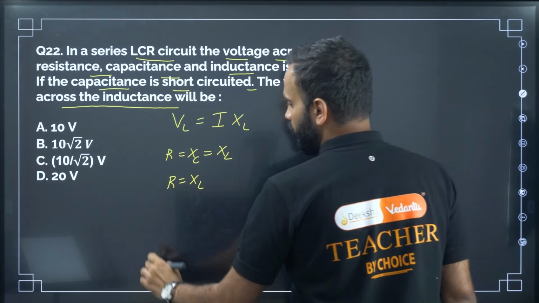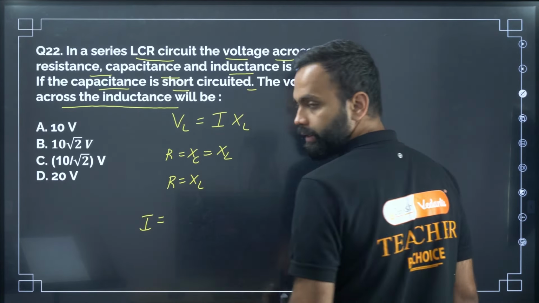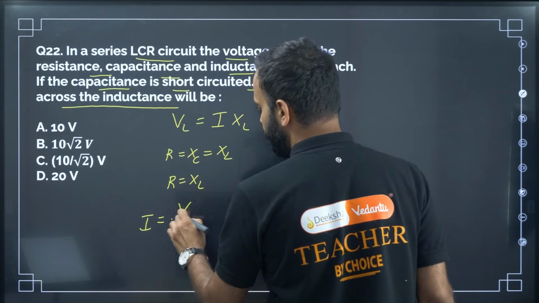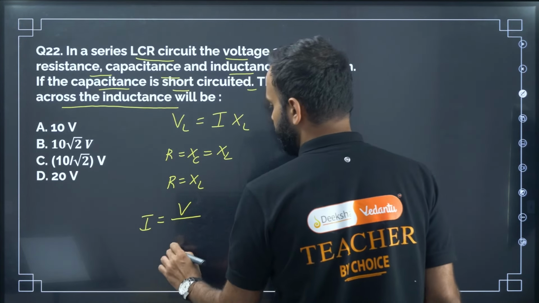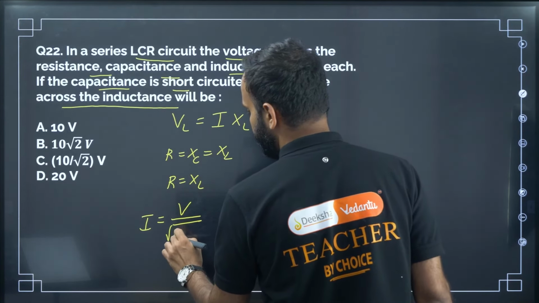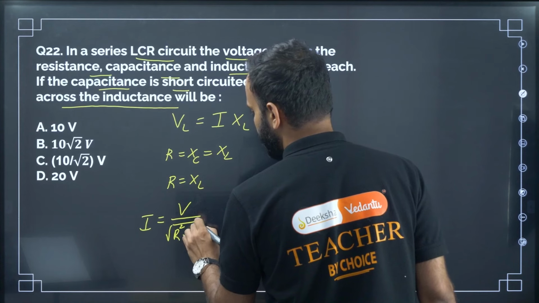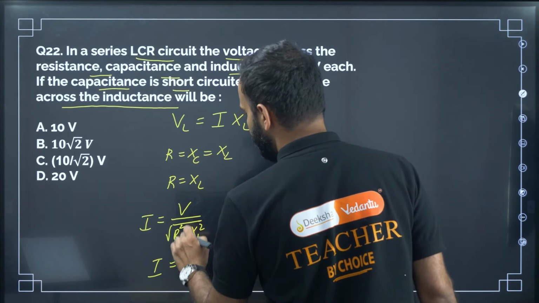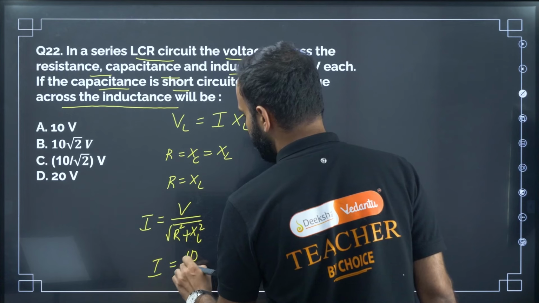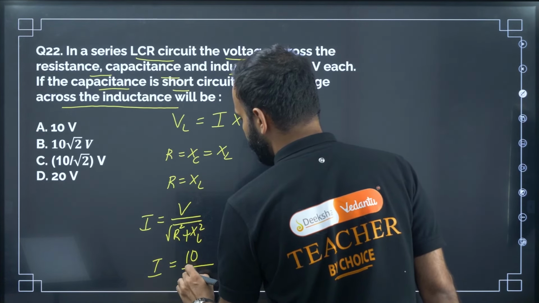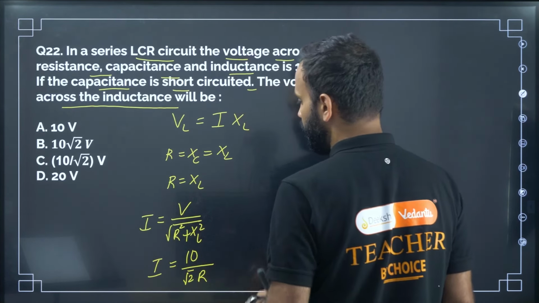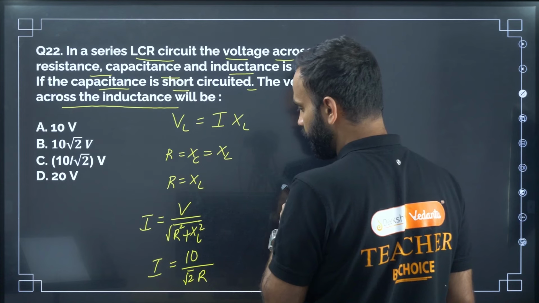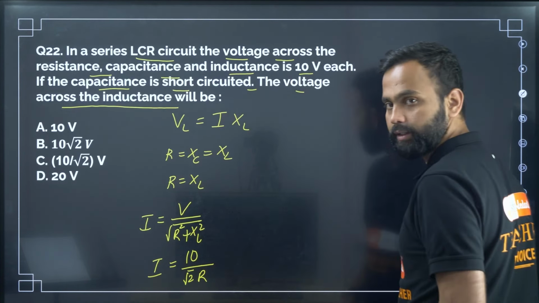So now the current in the circuit, I is equal to V divided by root of R square plus XL square, XL equal to R. So I equal to V, 10 volt, divided by root 2 times R. So this is the current in the circuit.